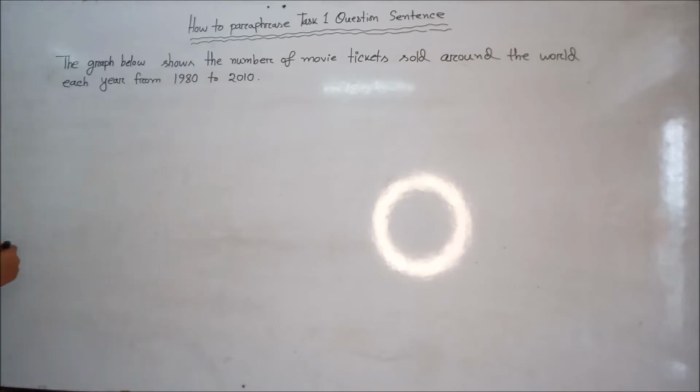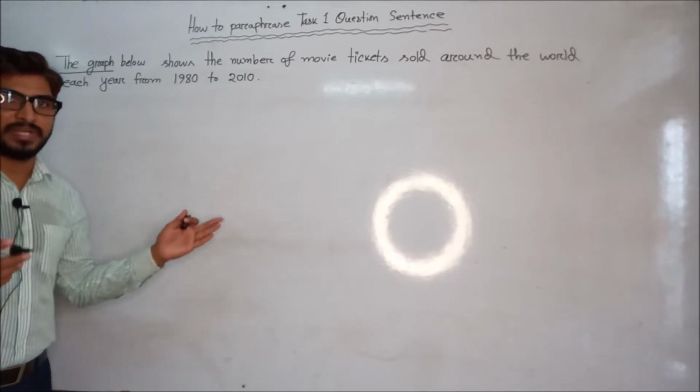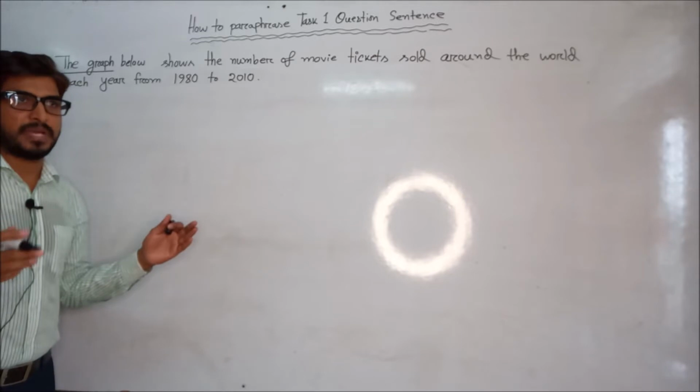So the first thing is that if you look at the sentence, the first phrase is the graph. The graph is the noun phrase, which is the subject of the sentence. So you can write down what the graph is. A graph can be a line chart, a bar chart, a pie chart, a table, whatever it is. Name the graph according to its name.